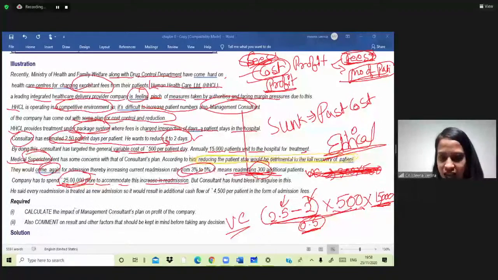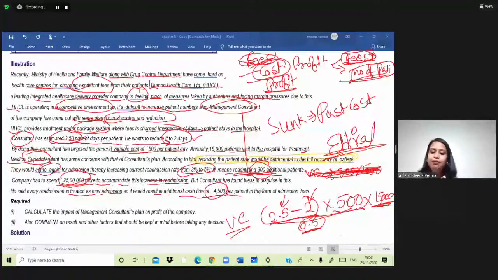But the consultant has found a blessing in disguise in this. He said every readmission is treated as a new admission, so it would result in an additional cash flow of 4,500 per patient in the form of admission fees. He is saying that if 300 more patients come, it will be considered readmission and we will get more revenue.